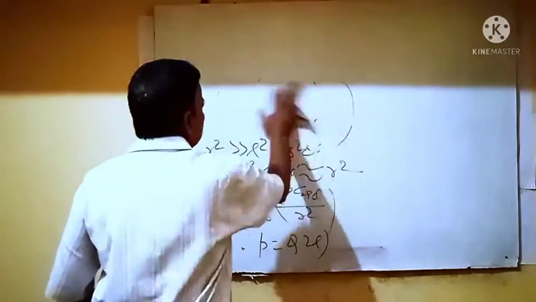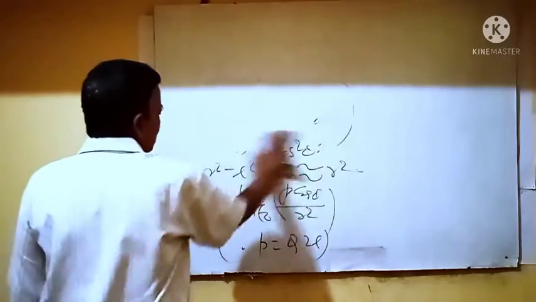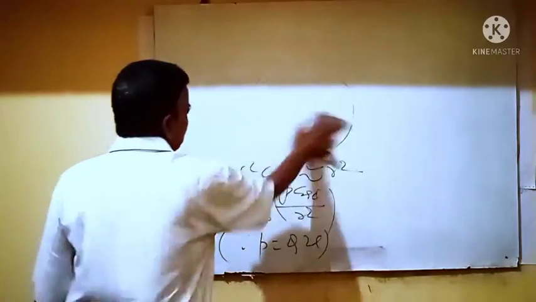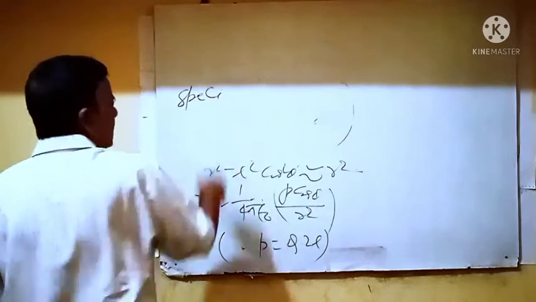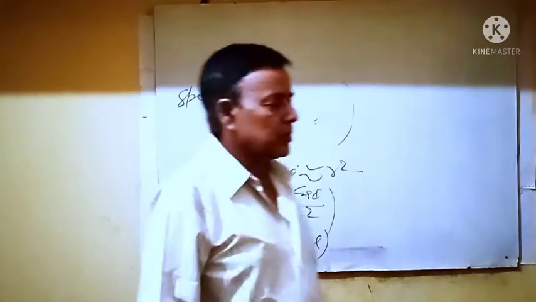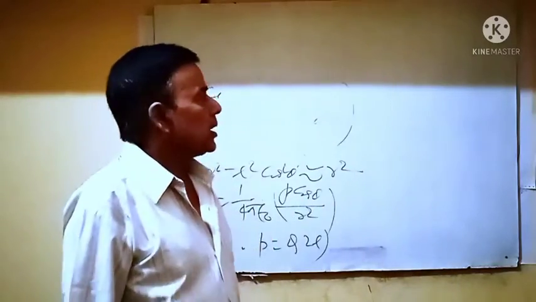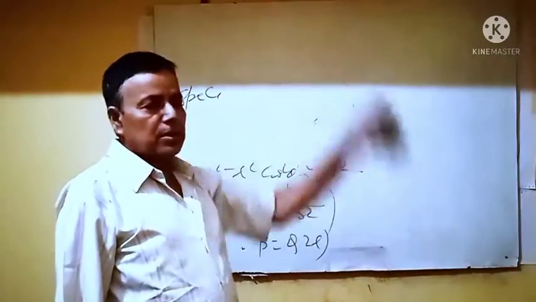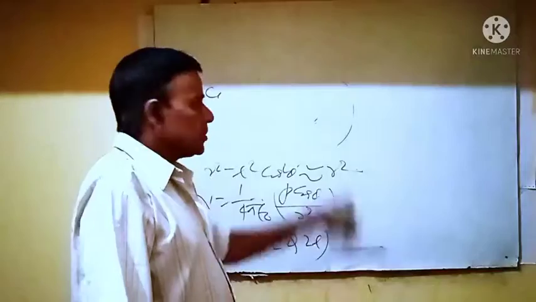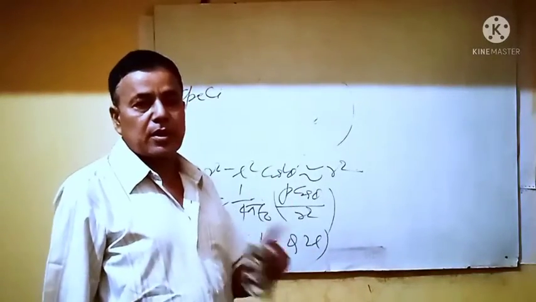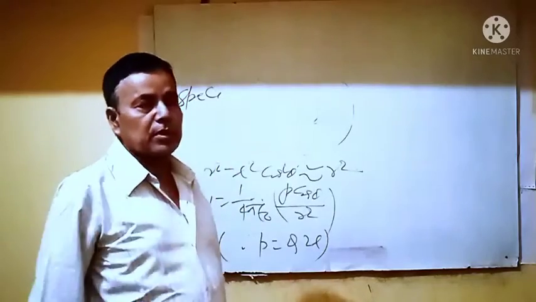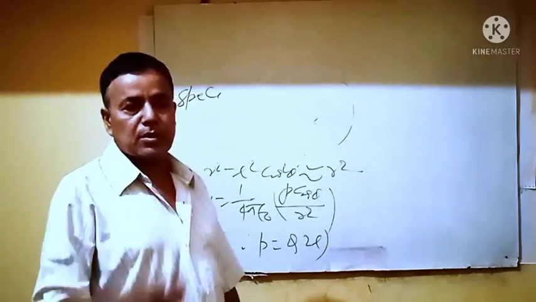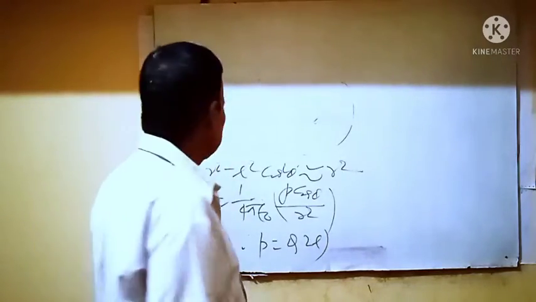Special cases. The point is situated on the axial line of the dipole, or the point is situated on the perpendicular bisector of the dipole. If the point is situated on the axial line, theta will be equal to 0 degree. If it is situated on the perpendicular bisector, theta will be pi by 2, that is 90 degree.